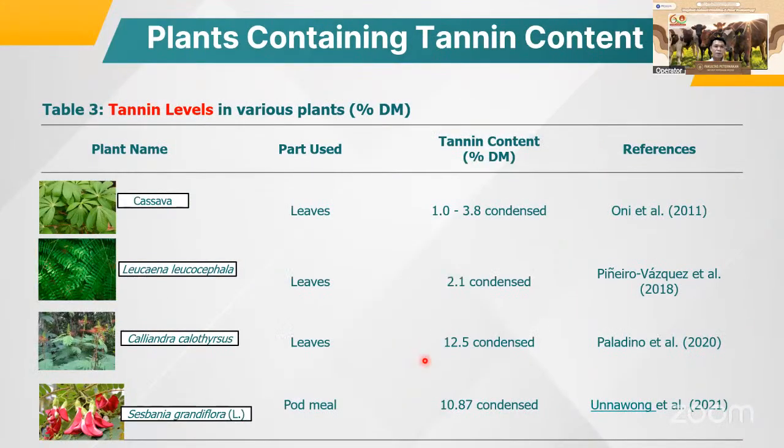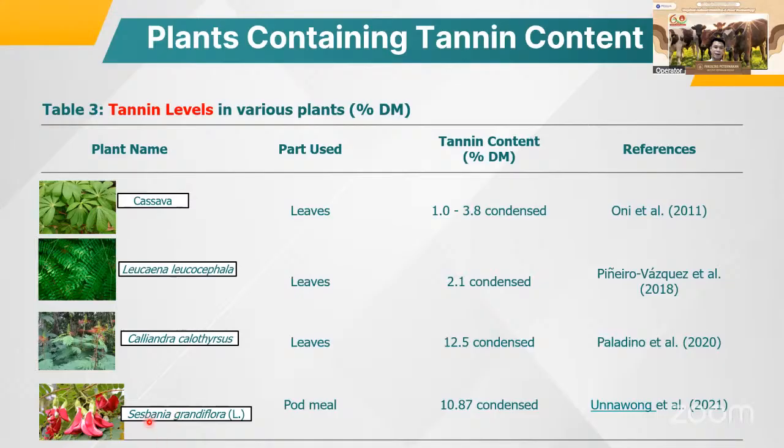So talk about tannin: where can we find tannin in tropical plants? Firstly, cassava leaf contains condensed tannin about 1 to almost 4% dry matter. And Leucaena again has condensed tannin about 2%.